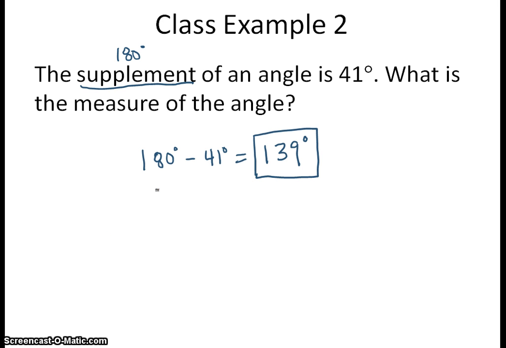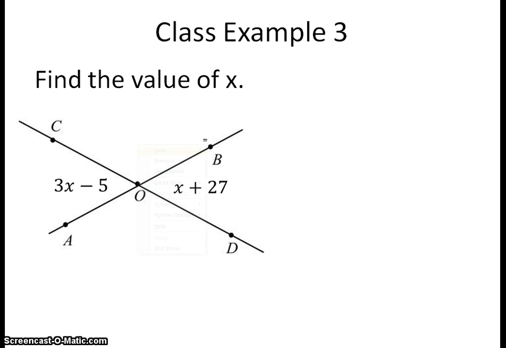Alright, let's try another one. As with segments, these get harder. The first two that we've looked at have been all numbers. This next one is going to be variables and solving equations. This says to find the value of x. We have to know how these two angles are related, because we have to set up an equation. I can see that these two angles are directly across from each other, so they are vertical angles.